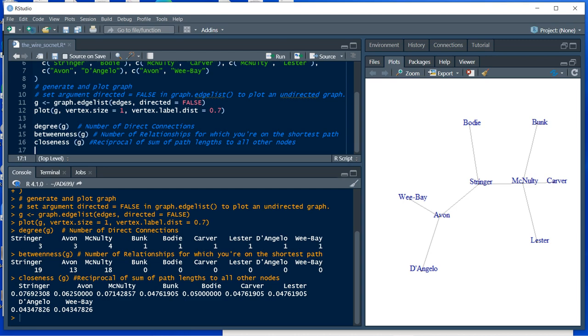And what you'll see when we do it is that members of the network that have a higher sum of path lengths are on average further away from other people in the network. They are going to have lower values for closeness because we sum those, and when we take the reciprocal, high values become smaller values and lower values become higher ones.